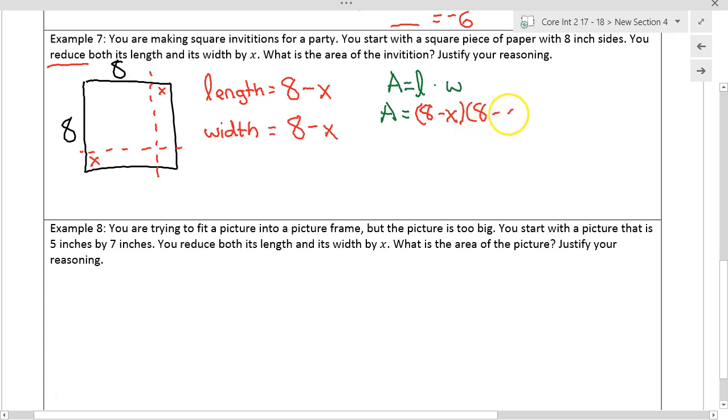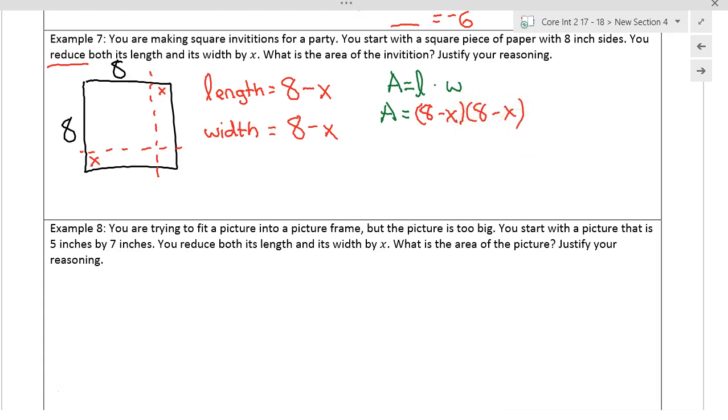So my area is going to be, the length is 8 minus x, the width is 8 minus x. I'm going to multiply these things together. I can choose any of my 3 methods to multiply.